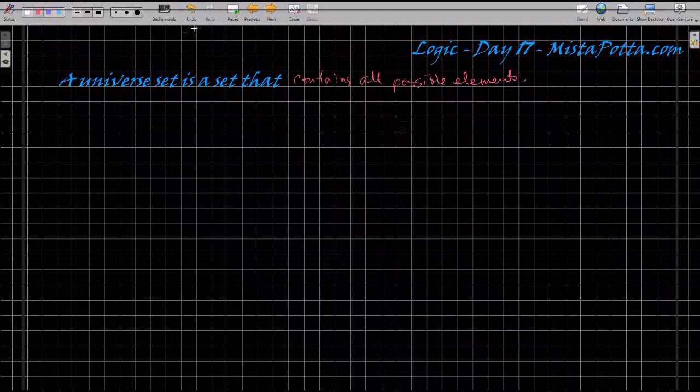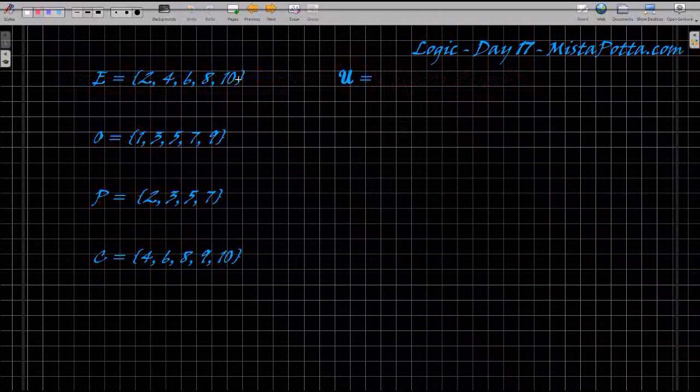And so if I go to the example of the sets that we've talked about so far, my universe has got to have a 1 in it, because 1 is one of the elements that we're looking at.